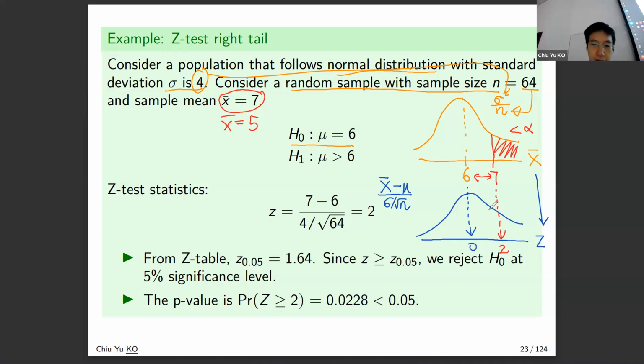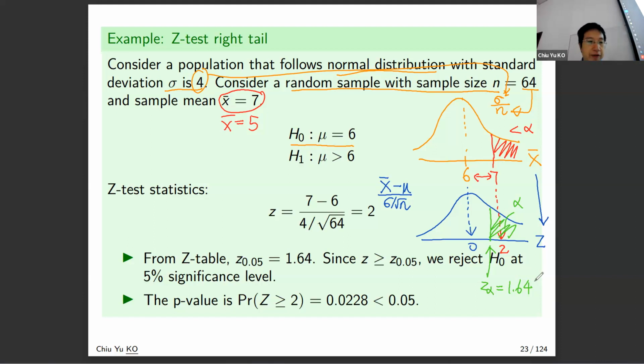If I want this to be 5%, I'll set alpha, I want Z alpha to be 1.64, and this is a critical value. If I'm larger than that, it's very unlikely to happen. So that means I reject the X now, and I take X1.